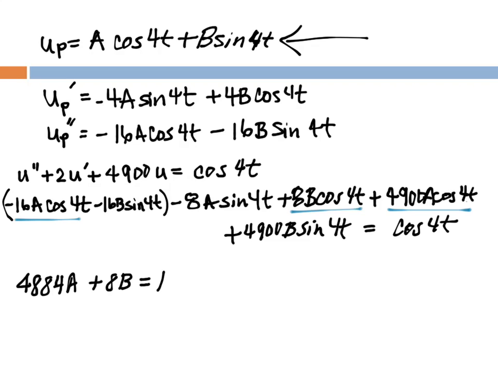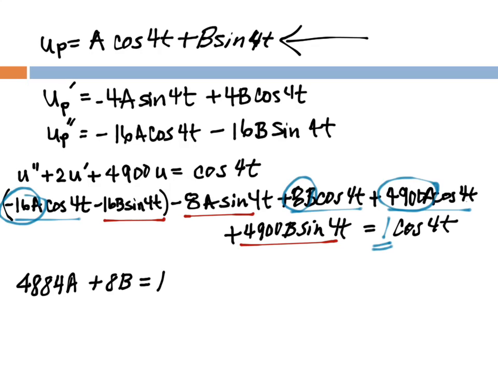Is that right? The one from right here. So these coefficients all have to add up to 1. Is everybody good with that one? Yes. And then the other coefficients, the ones on the sines, they have to add up to what? 0, because there is no sine on the other side.